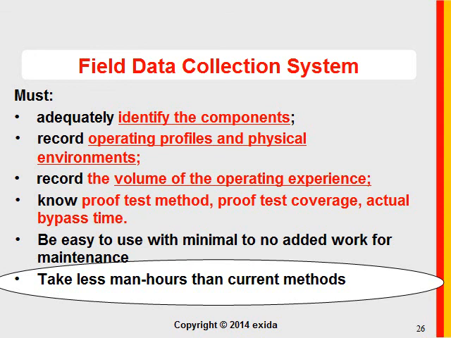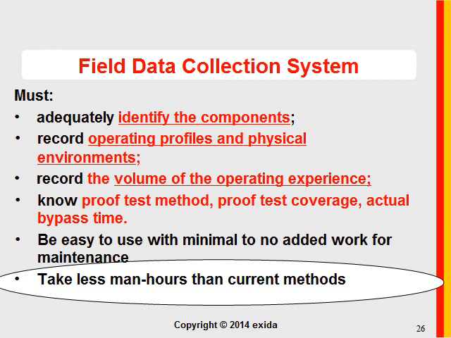When we are talking about a field data collection system, we need to adequately identify the components and different types of technologies. We need to know what are transmitters, what are switches. We need to record the operating profiles and physical environment so that we can see if data collected in one application is applicable to another application, maybe in a different geographical location.